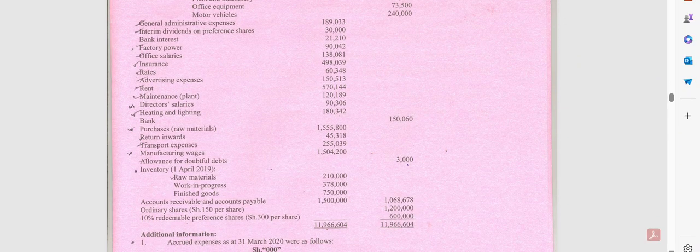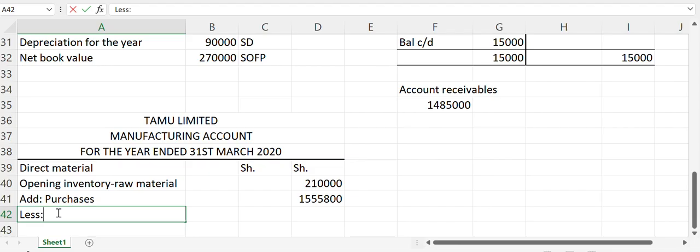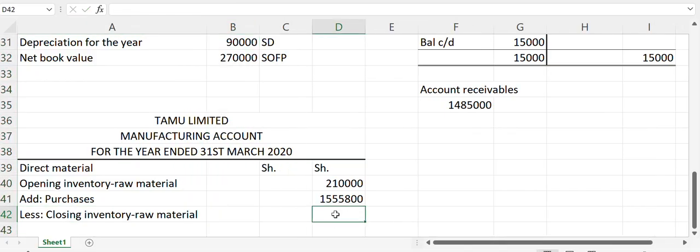So if we don't have return outwards, we proceed with less closing inventory raw material. Yes, raw material. So it is supposed to be less or minus.